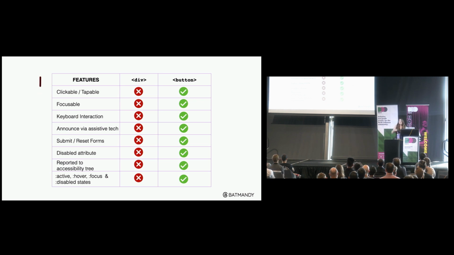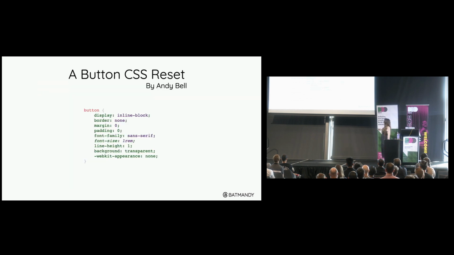A button will submit and reset a form. It can be disabled with the disabled attribute. It's reported to the accessibility tree by default, and it has active, hover, focus and disabled states. Why would you do the other way when you get all this for free? Now, I get it. Some people do it because they don't like CSS, and they don't like how the browser adds the styling.